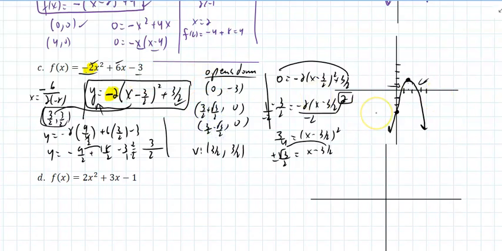To the right the positive, to the left the negative, and that's pretty much it. The axis of symmetry, again, if you label this point as 3 halves, you can get everything from there. Axis of symmetry is x equal 3 halves, it's that value. Domain is all real numbers on all parabolas. Range, however, is going to be negative infinity to 3 halves.